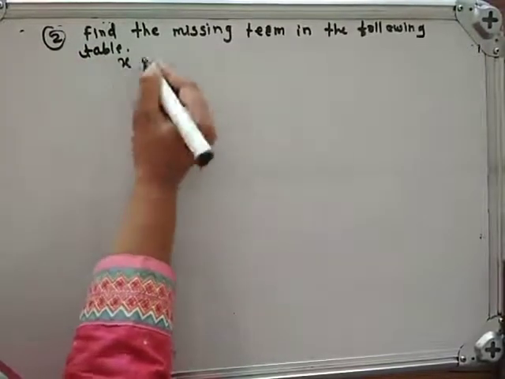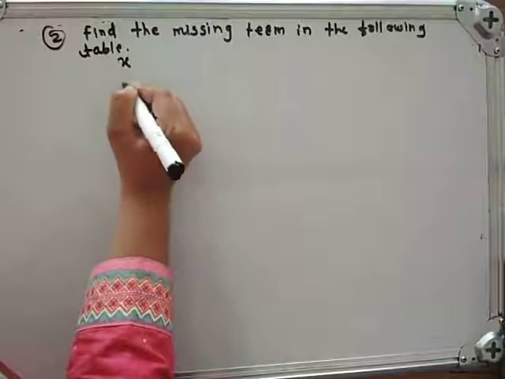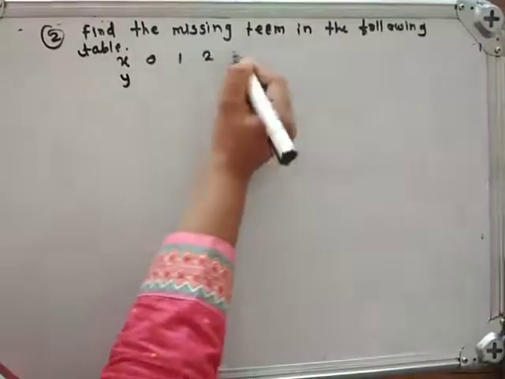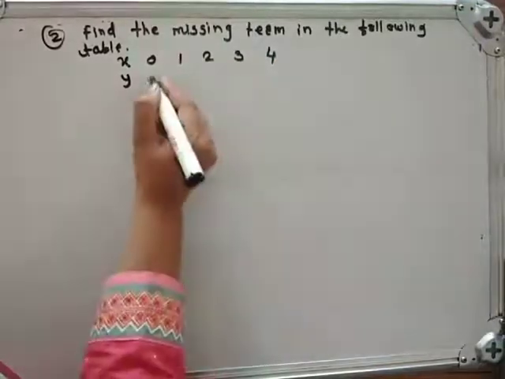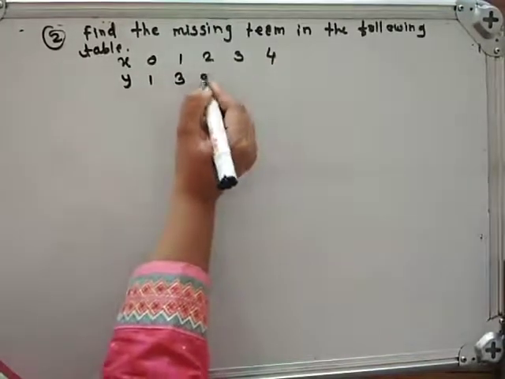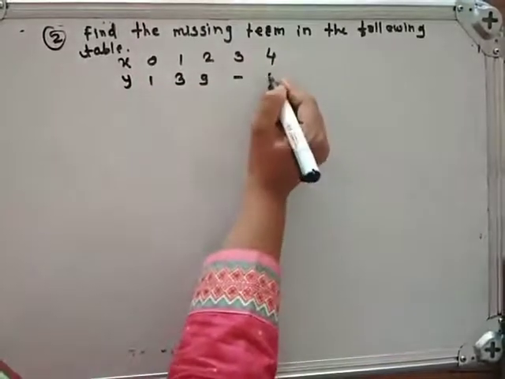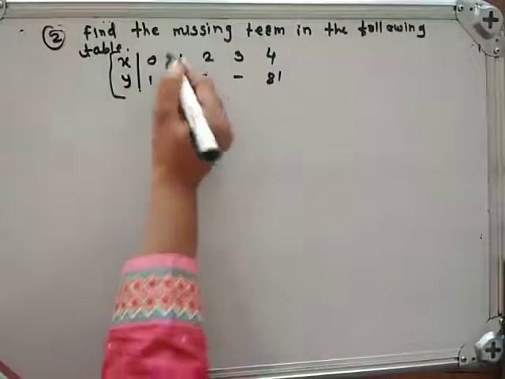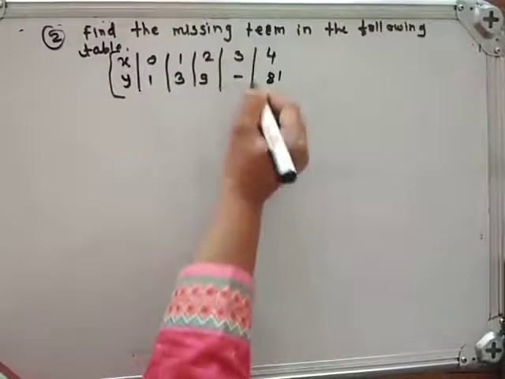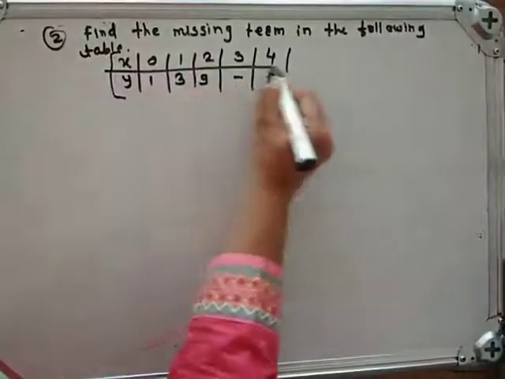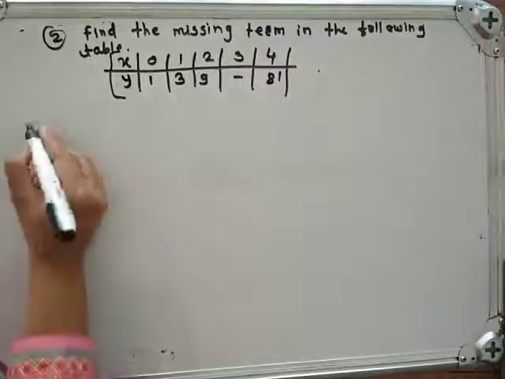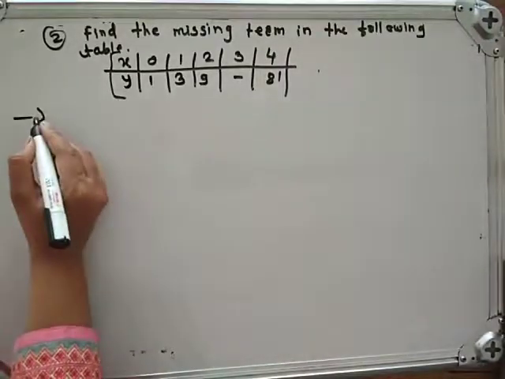We have given values of x and y: x is 0, 1, 2, 3, 4 and y is 1, 3, 9, this term is missing, and then another value. We have to find that. Let us see the solution.